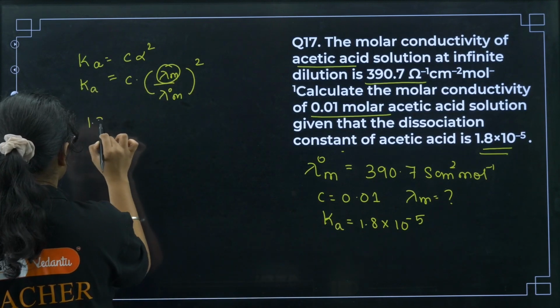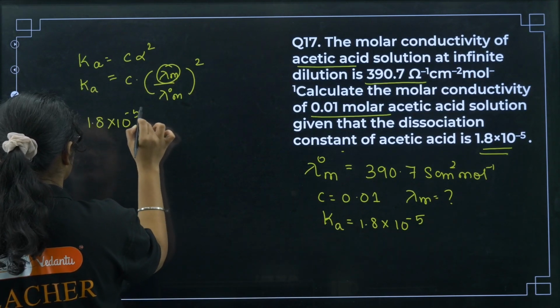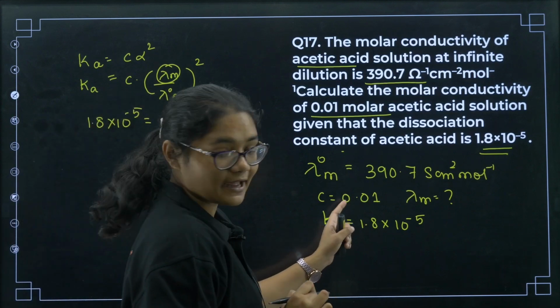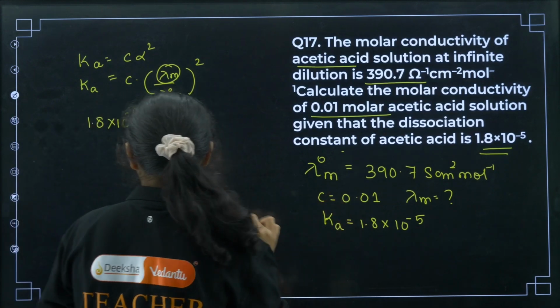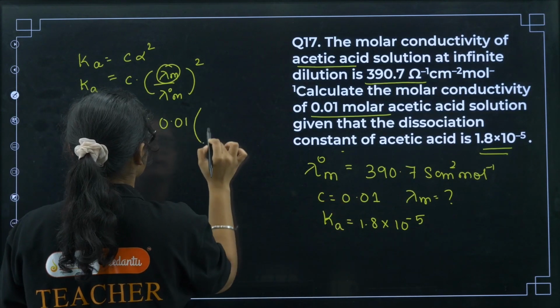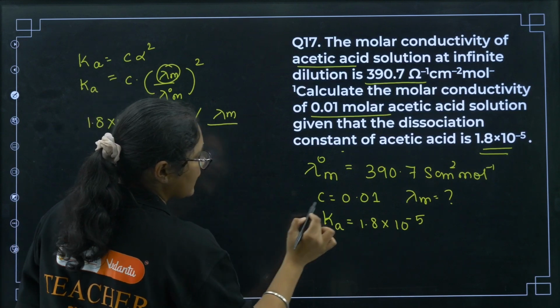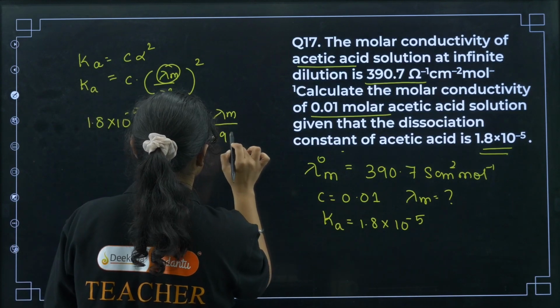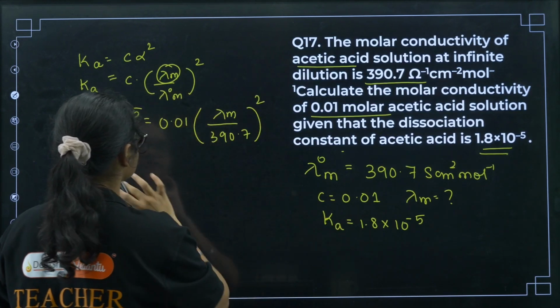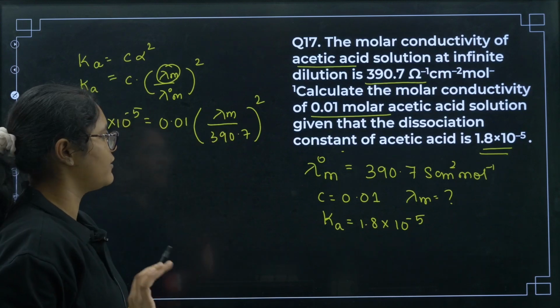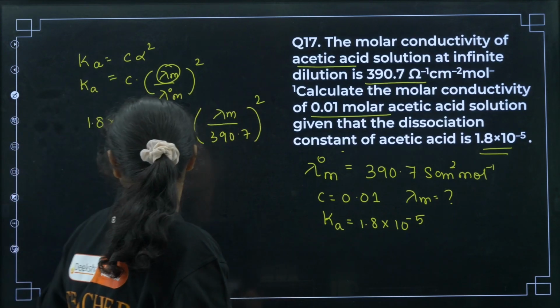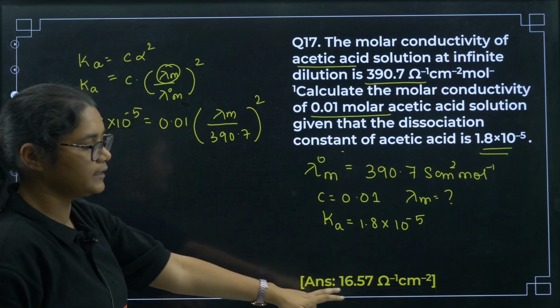Ka is 1.8 into 10 to the power of minus 5, C value is 0.01, lambda m I have to calculate, lambda naught is 390.7 squared. If you solve this, you will get the lambda m value, and once you calculate it correctly, you will get this much.